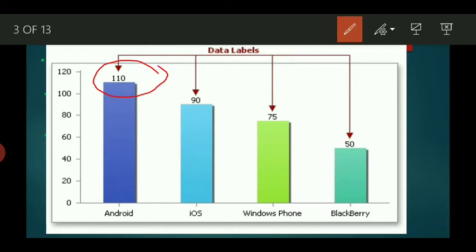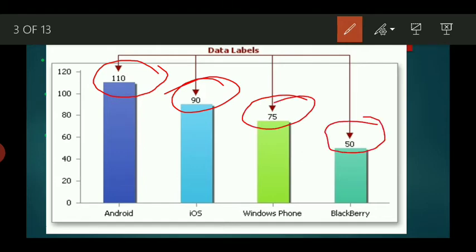Suppose you ask me how many Android phones are sold, you can see it's written 110. That means 110 phones are sold of the Android company. So the data label displays the exact amount of numbers. These are the data labels.